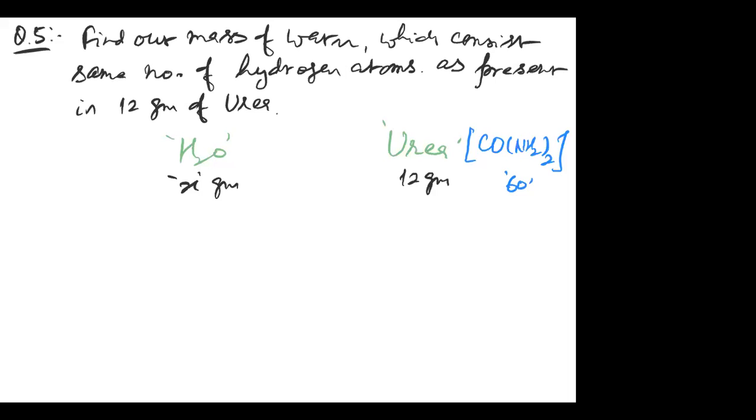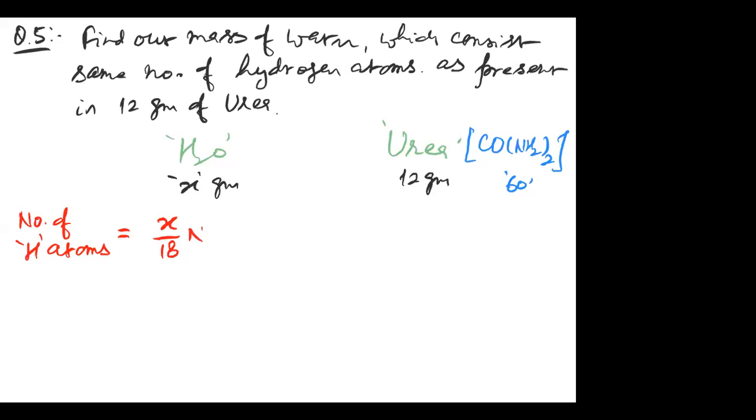As far as the number of hydrogen atoms is concerned, for water it is X divided by 18, which is mass divided by gram molecular mass, the moles of water.